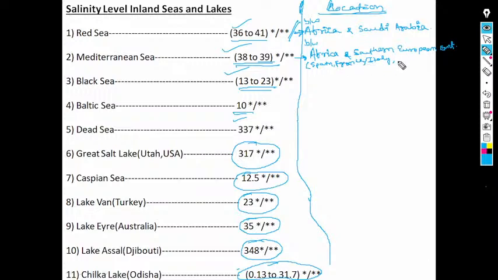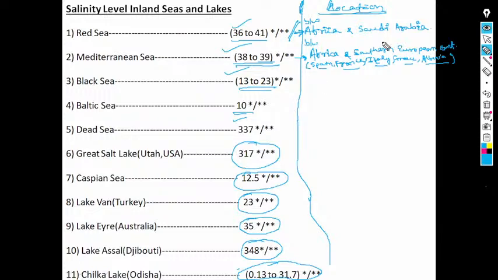Then here it is Greece, and here it is Albania. These are the countries which border the Mediterranean Sea.